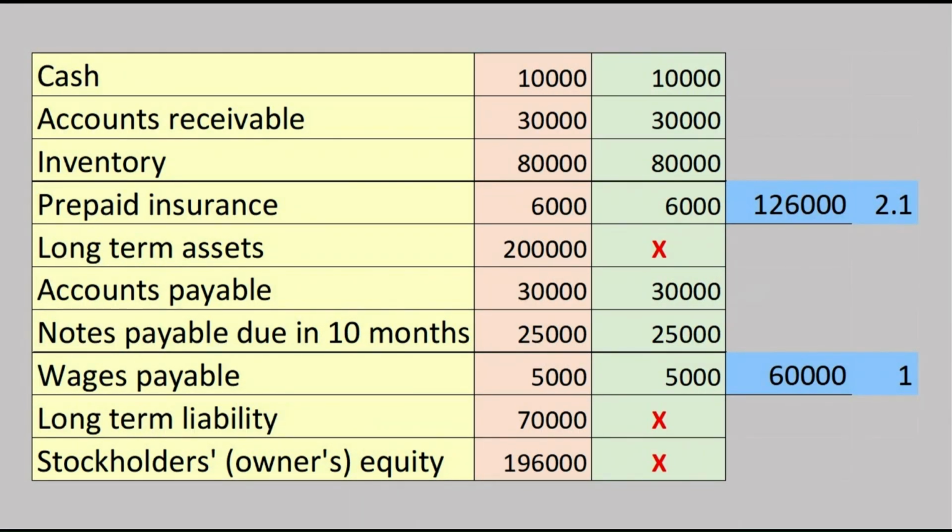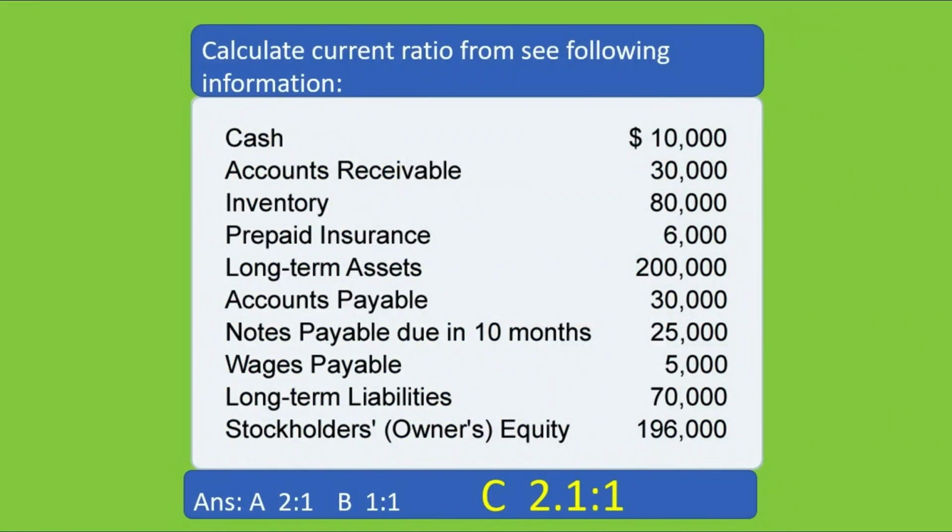Total 60,000. As you would note, long-term assets, long-term liabilities and stockholders' equity are not taken into account. Therefore, the current assets 126,000 and the current liabilities 60,000 will give a ratio of 2.1:1. Therefore the answer is C.